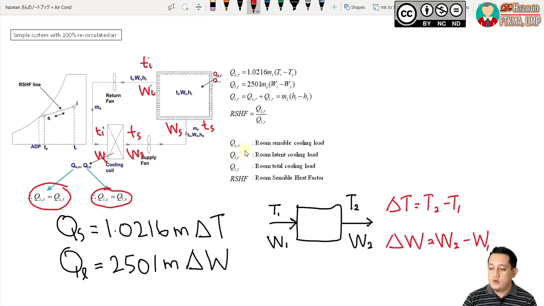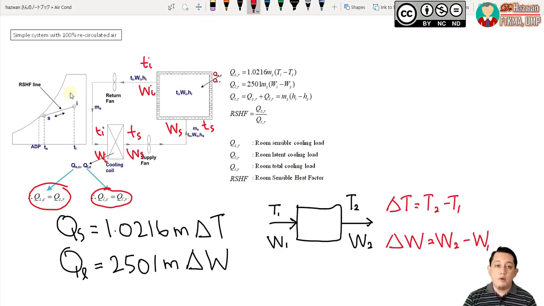QSR is the room sensible cooling load, QLR is the room latent cooling load, and TR is the room total cooling load. Another one is the room sensible heat factor, which is the sensible heat of the room over the total heat. This is how we calculate the room sensible heat factor.